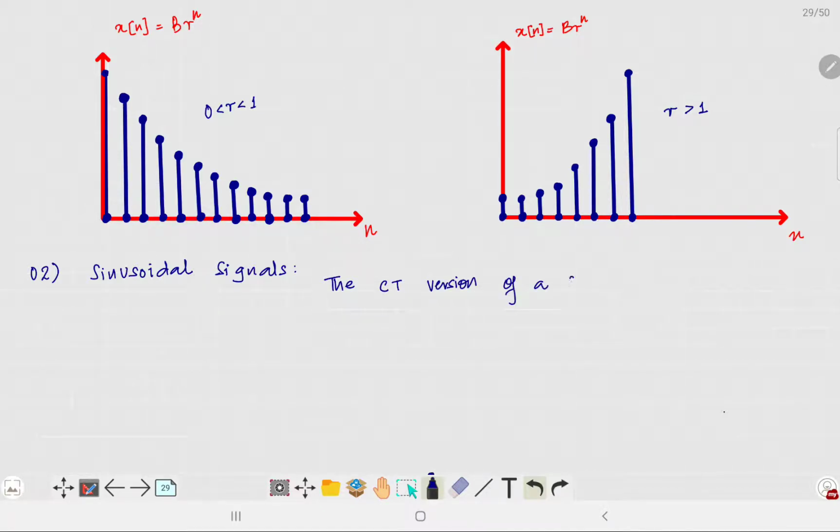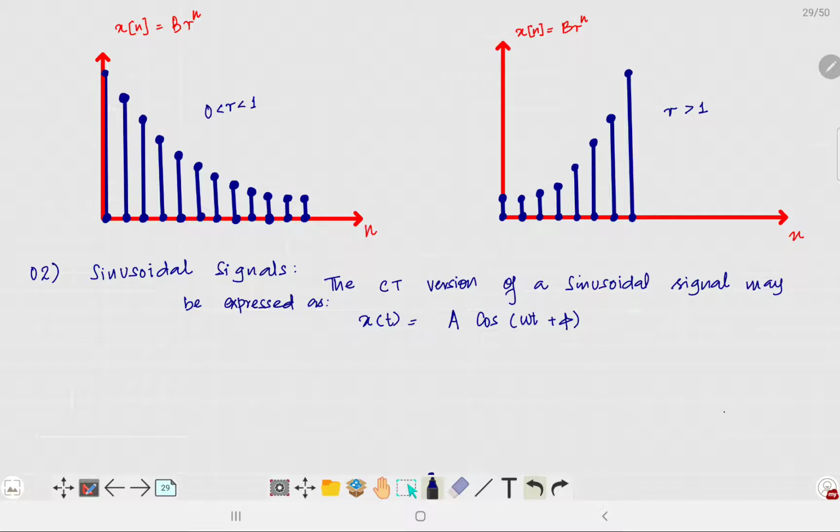of a sinusoidal signal can be expressed in many forms, but a general form is that x of t is equivalent to A cos(omega t plus phi).